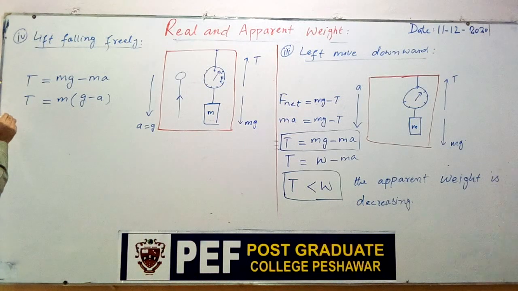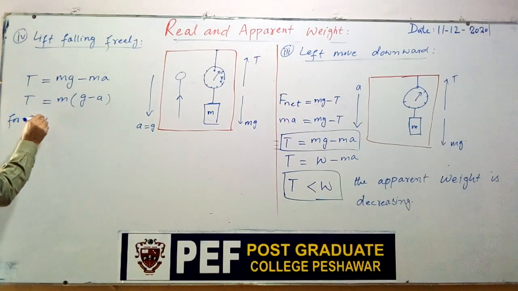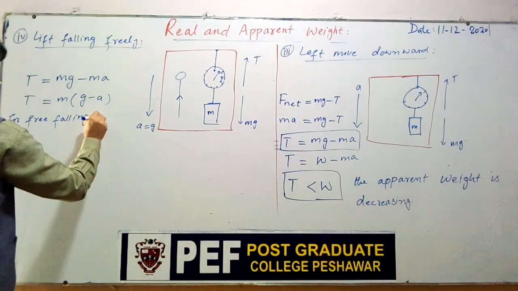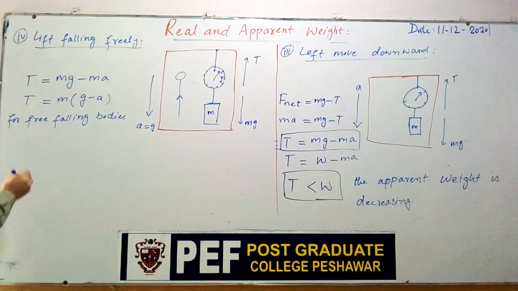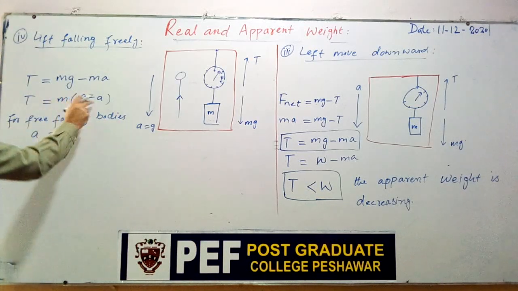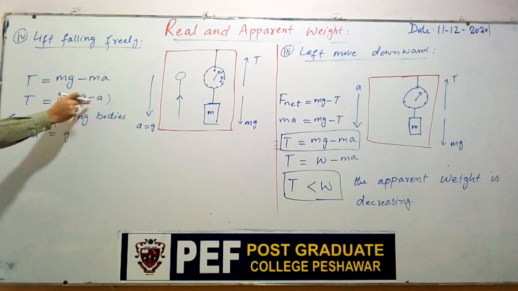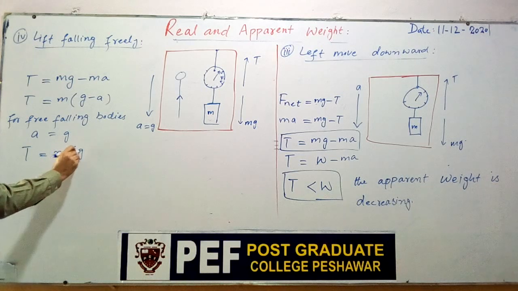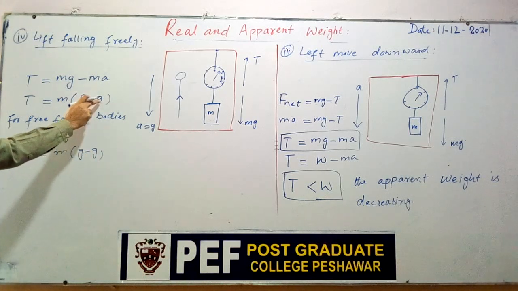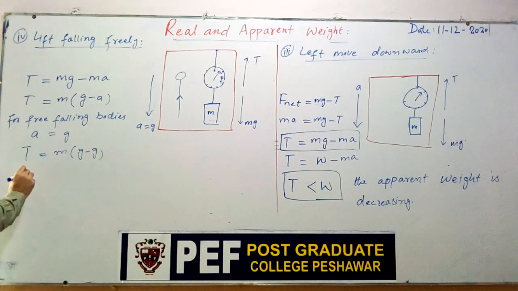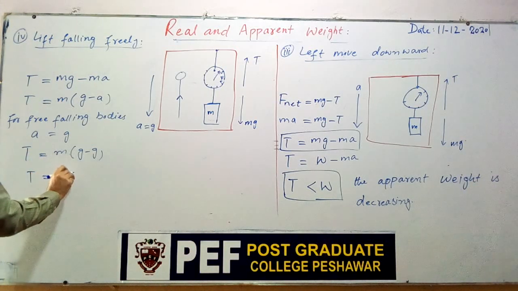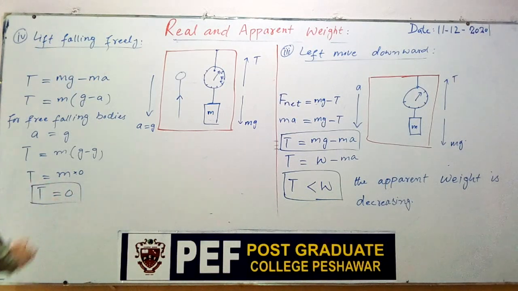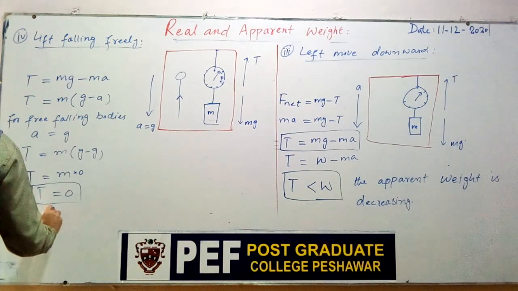For a free falling body, we put the value of a as g. So T equal to m, g minus g, is equal to 0. So T equal to 0. This means that apparent weight is 0.